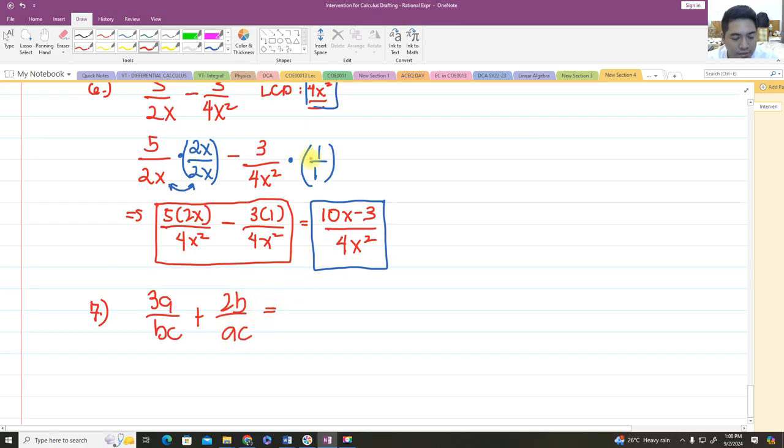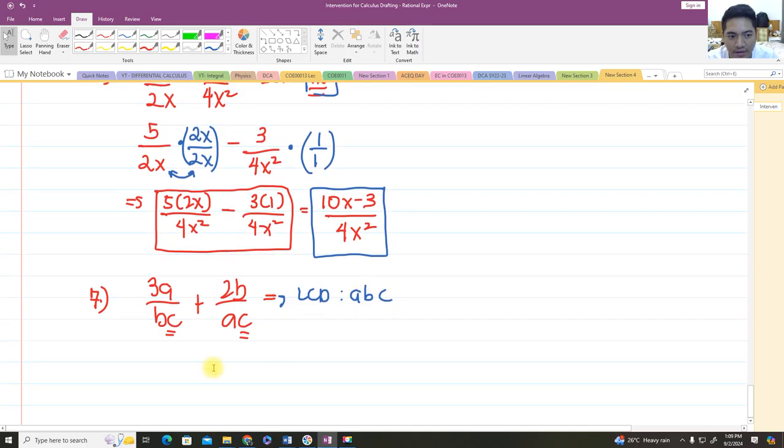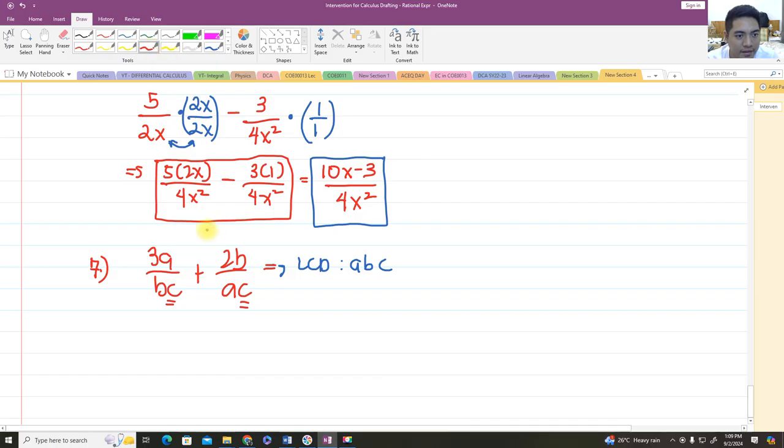Again, the LCD here, we have a common c. So the LCD should be, we have the same denominator, you have common c, so we'll have c here. And we have a also, and we have b, because we need to complete the denominator.